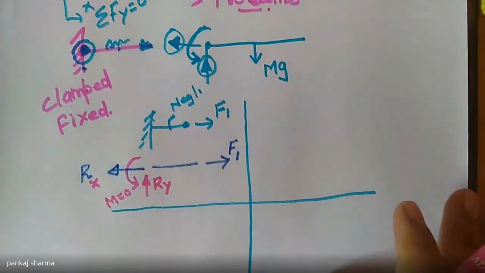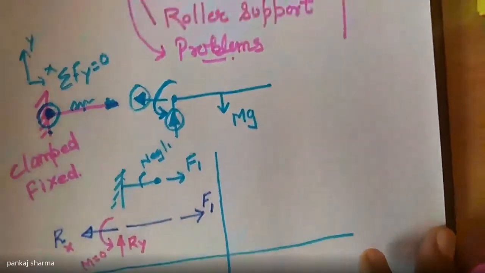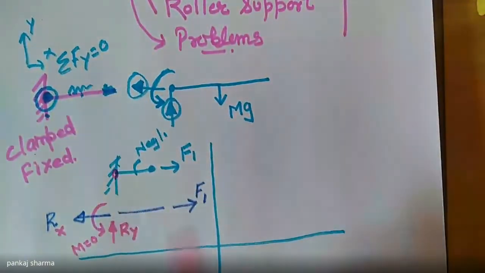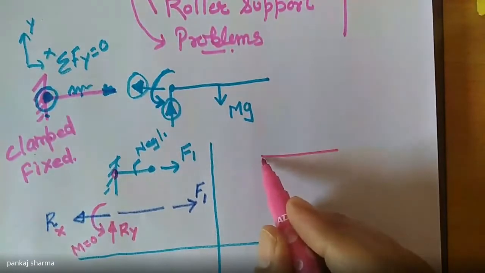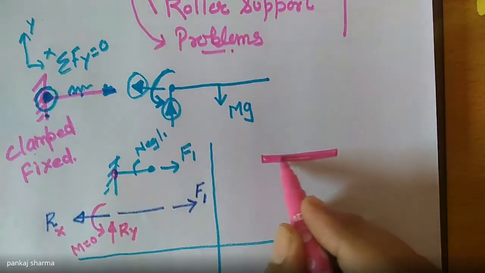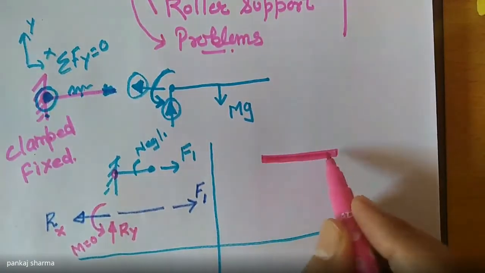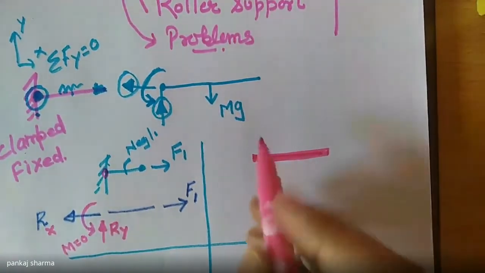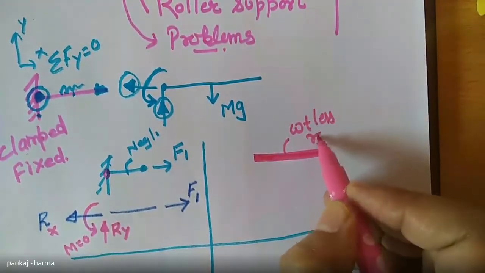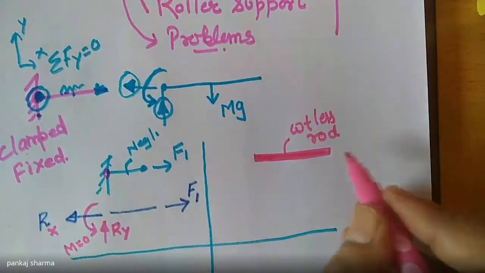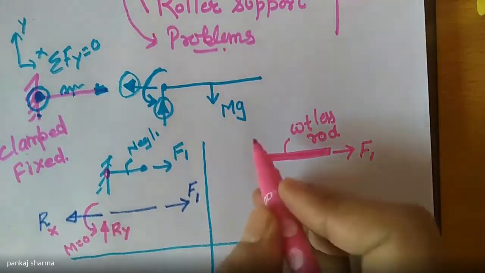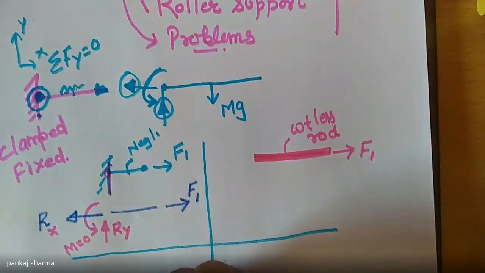We can simplify this example further. I am again explaining the clamp support with this example. It is a weightless rod, pulled by force F1, and clamped at this location.